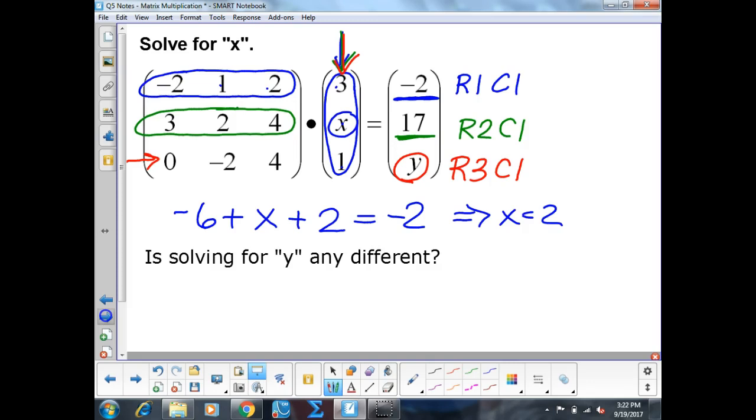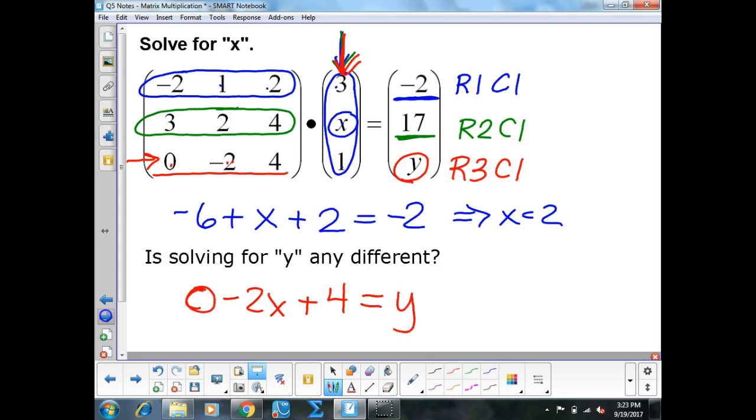So 0 times 3 is 0, minus 2 times x, plus 4 times 1 equals y. And because I know the value of x, I could plug that in and find the value of y.